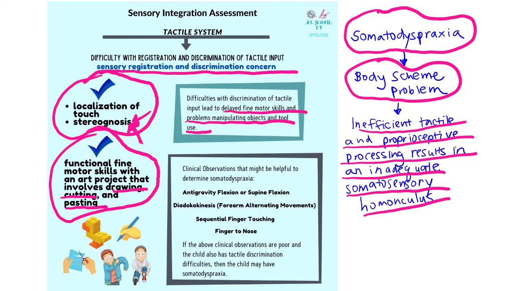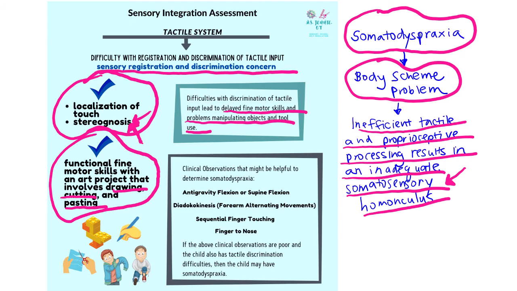This is why students with somatodyspraxia have difficulty with their fine motor skills and manipulating objects. It's because this somatosensory homunculus is already inadequate, right?